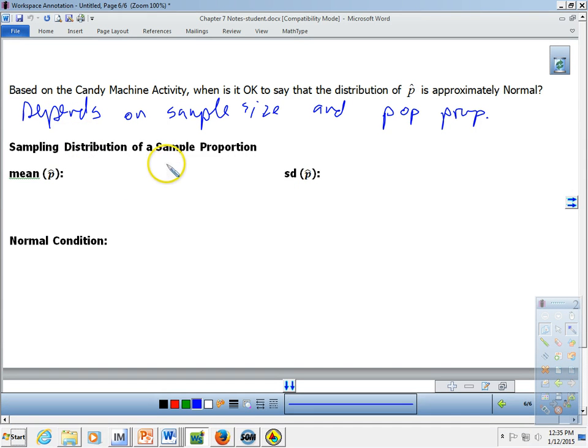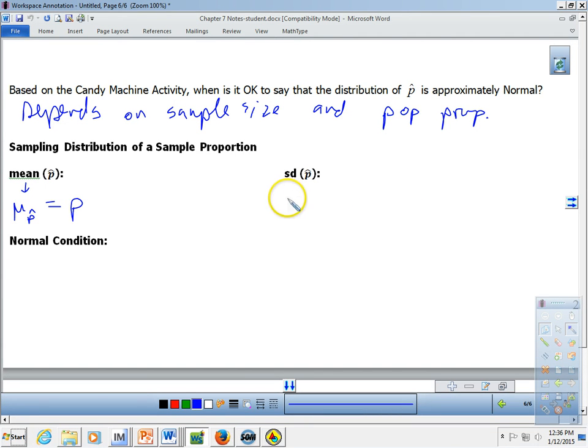Your sampling distribution of a sample proportion. The mean of that sampling distribution, the mean of p hat, was always equal to the population proportion, always, no matter what we were messing around with. You go back to that applet and keep playing around, and you're always going to find that the mean of that sampling distribution is always equal to the population parameter, okay?